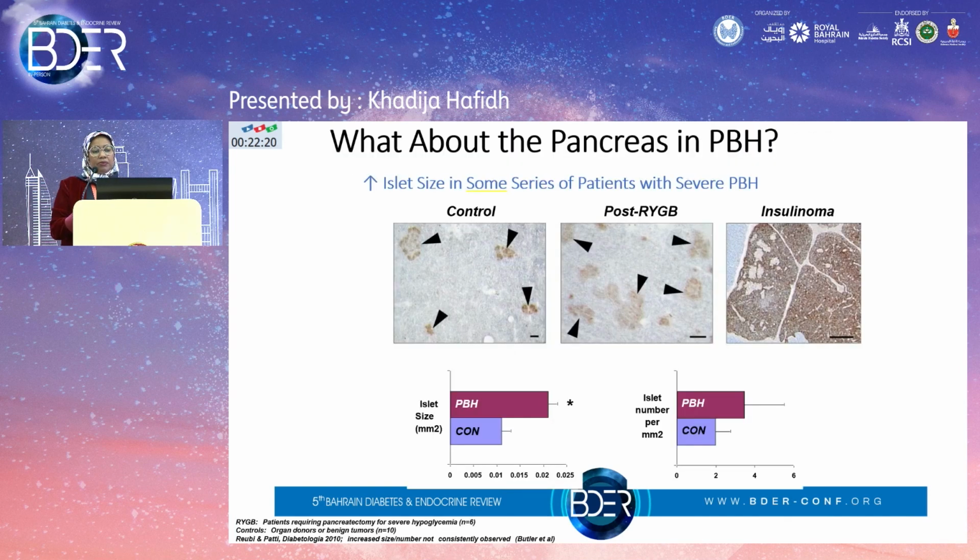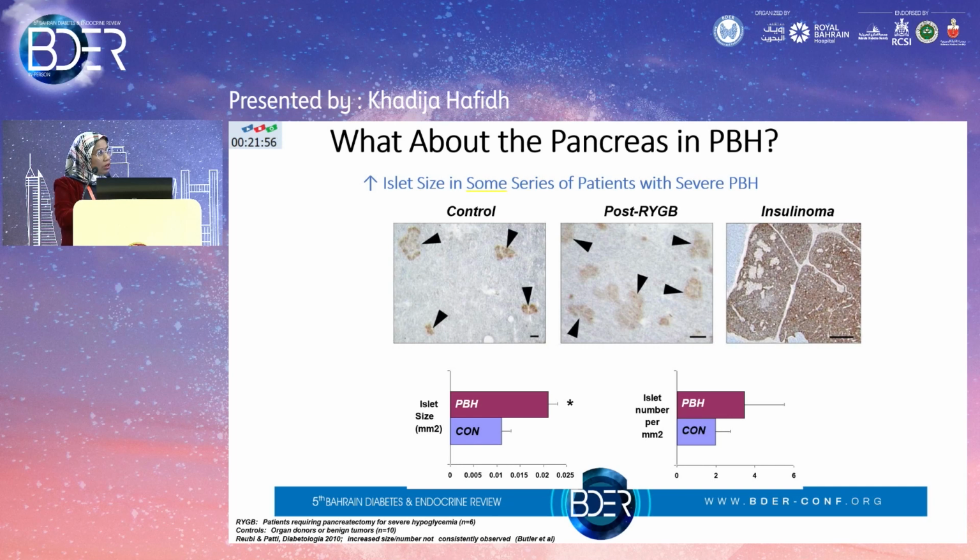What about the pancreas? Is there anything going on in terms of the pancreatic mass? And some studies have shown that there is an increase in the islet size in those with severe post-bariatric hypoglycemia. So in the first panel, this is the patients who have not had any surgery, that's the control.